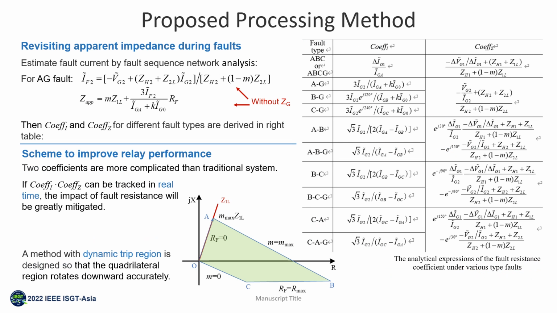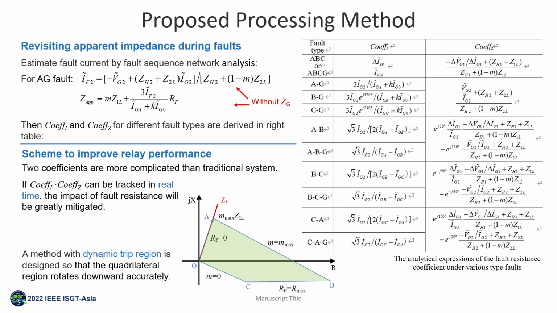To solve this problem, we need to revisit the fault circuit analysis. Fault current can be estimated using fault sequence network analysis. We can express apparent impedance without local terminal impedance. The result for all kinds of faults is shown in the right table. The coefficients on the IBR side without ZG are more complicated than in traditional grids, with m and fault resistance RF unknown.